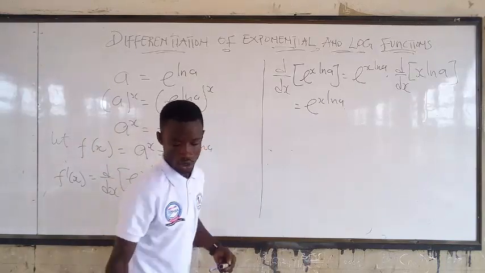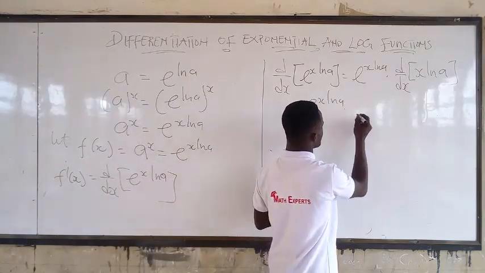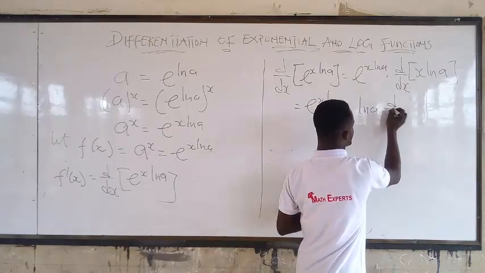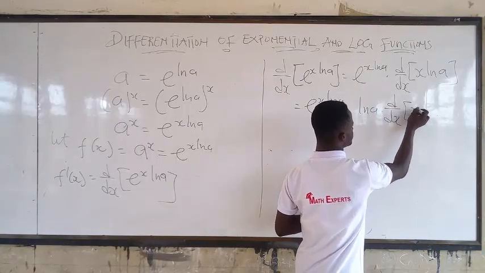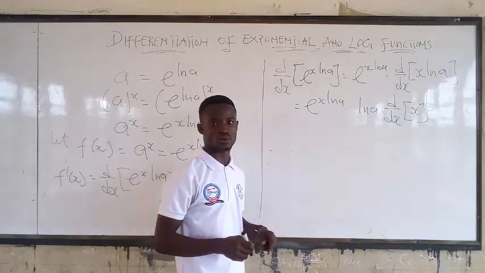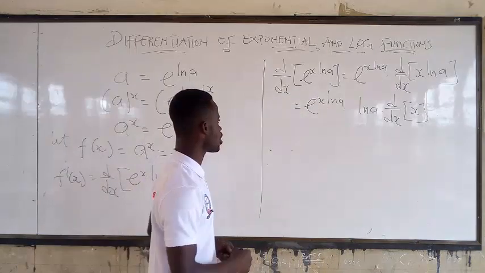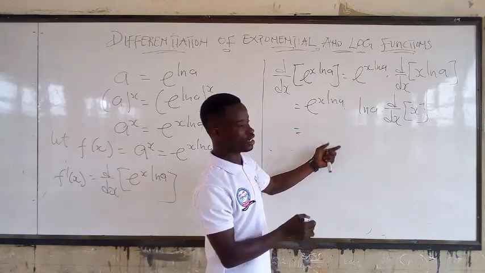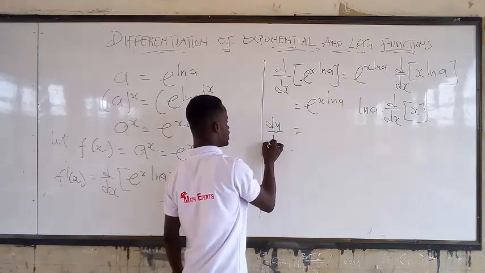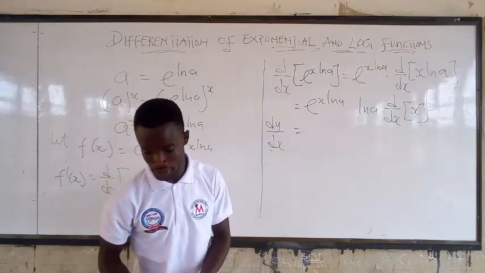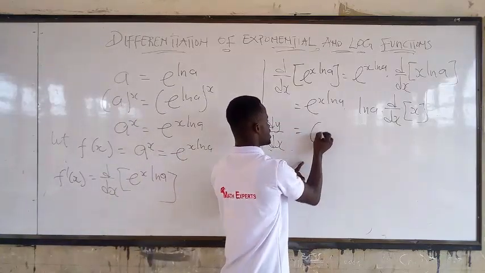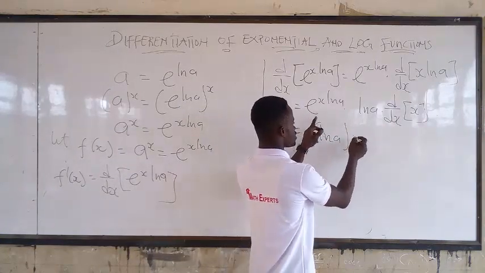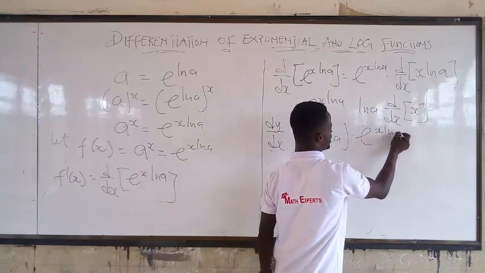So we can write these by bringing the constant out, then taking the derivative of the function, which is x. So now dy dx is going to be equal to ln A times e to the power x ln A.